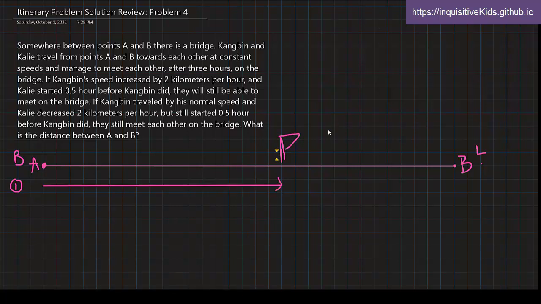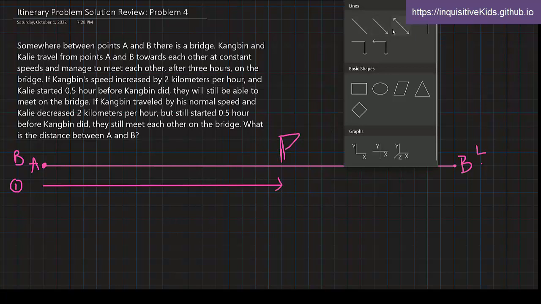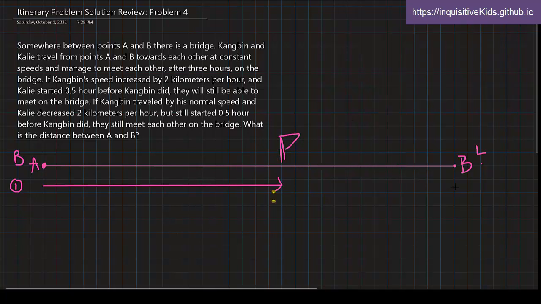Kangbin goes over there, Kalie goes the other way and meets with him. That's just their normal speeds.